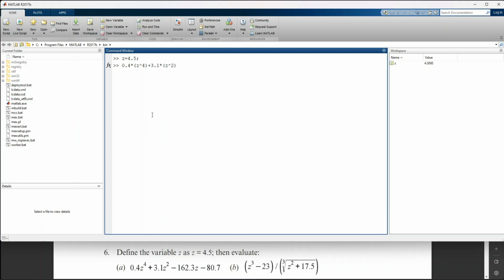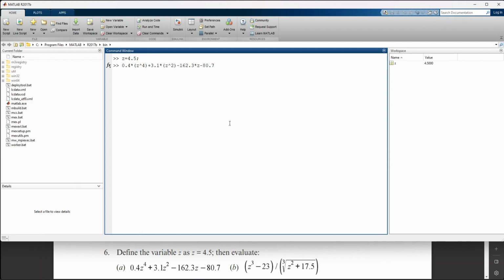Now minus 162.3 into z minus 80.7. That's 0.4 z power 4 plus 3.1 into z square minus 162.3 into z minus 80.7.